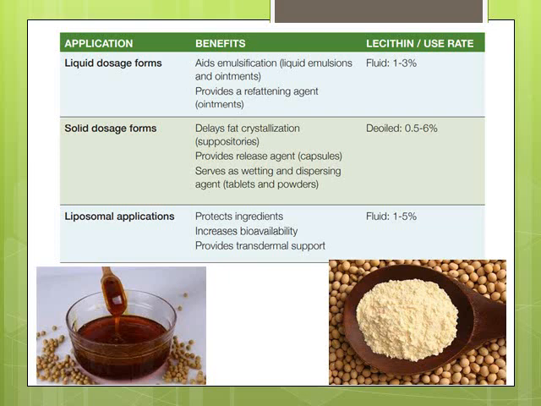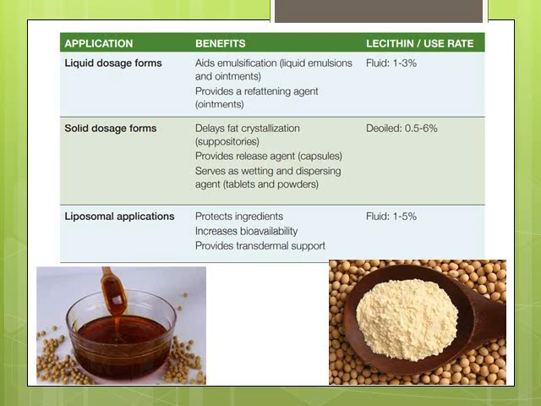The application of lecithin is mostly in the food industry. It's an emulsifying agent which is food grade and is an excellent source of essential fatty acids. And the lecithin application is mostly in the food industry, not in pharmaceutical. To the best of my knowledge, lecithin as an emulsifying agent is not the first choice of any formulator.